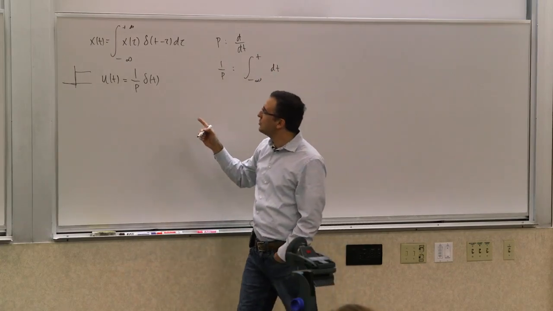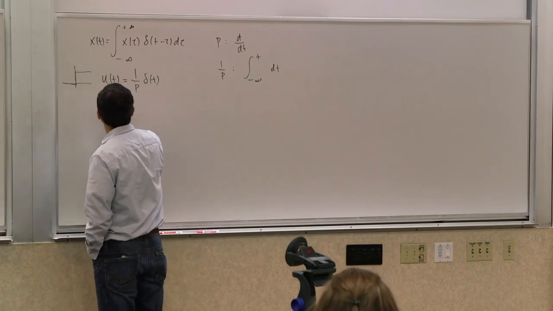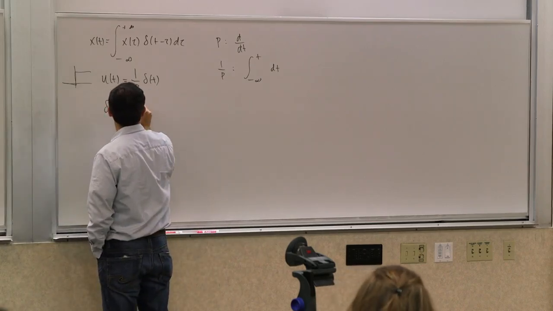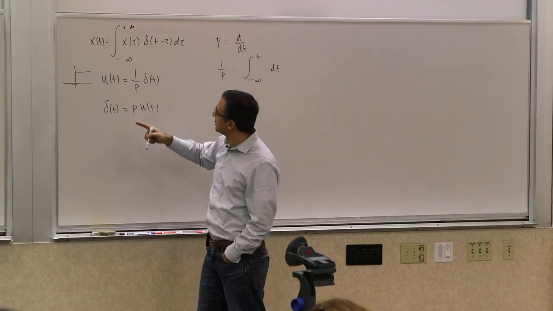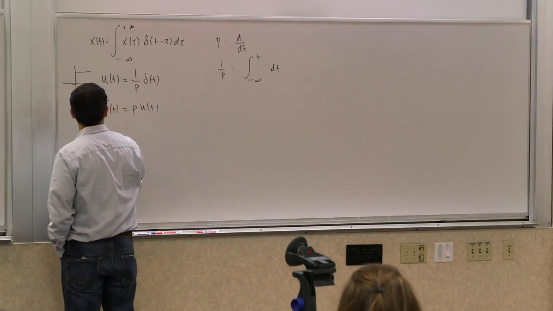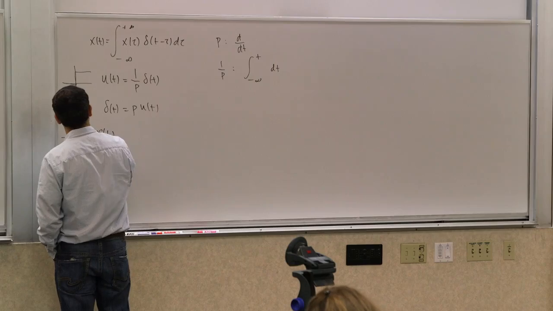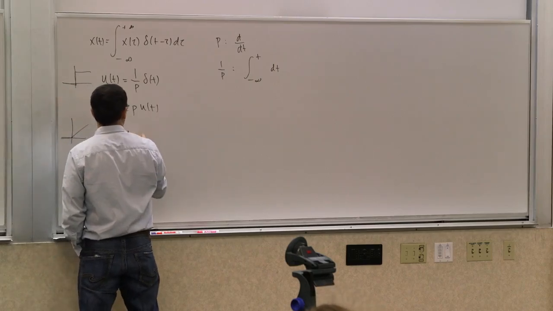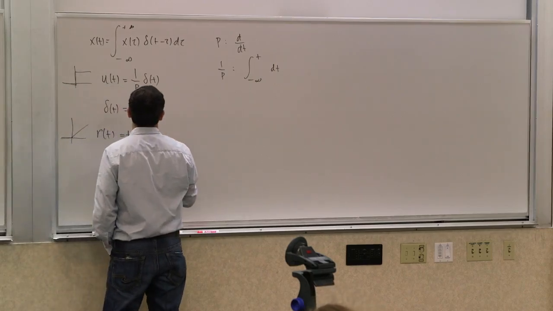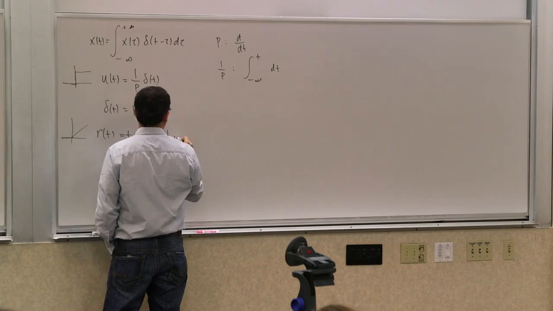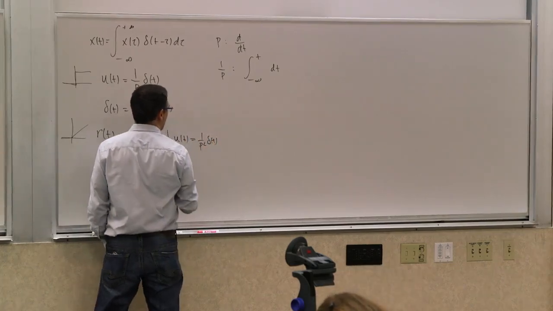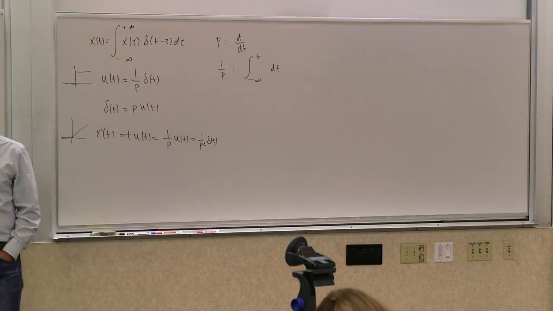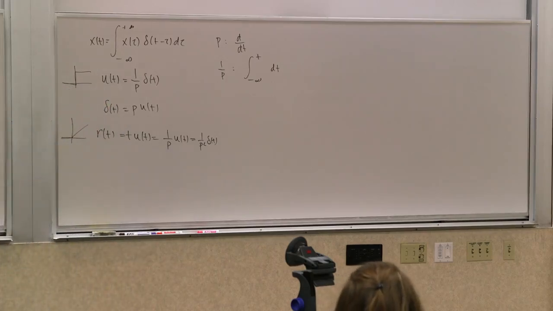So you can define the delta of t as p u of t. We also saw other singularity functions. You could define the ramp function, r of t, which you can also write as t u of t, as 1 over p of u of t, which is basically 1 over p squared of delta of t, and so on and so forth. It's the second integration of that.